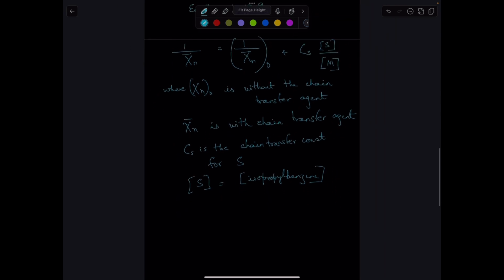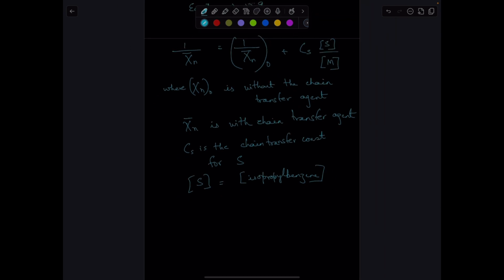So let us try to plug in the values. We just found this in the previous question.